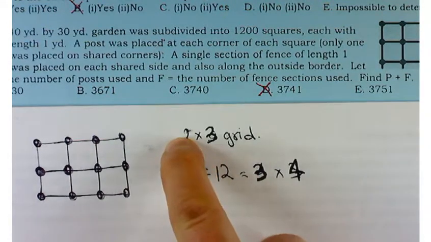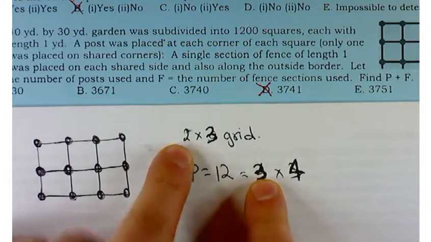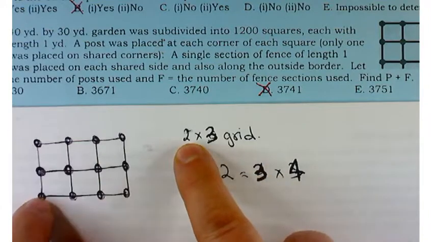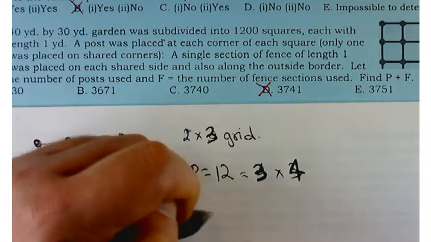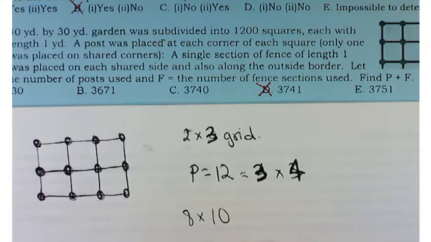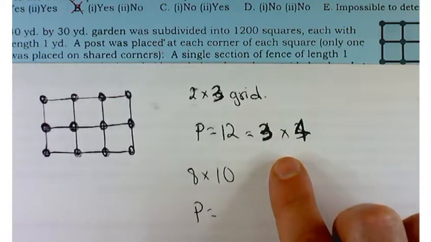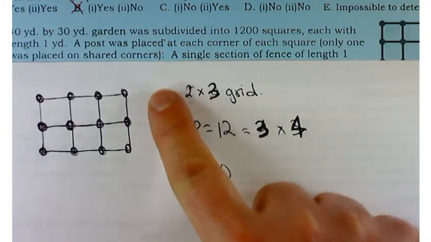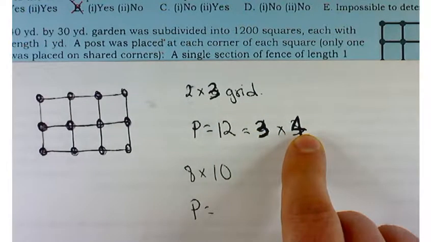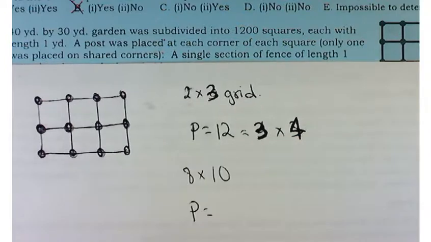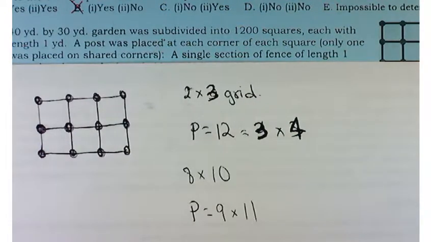If we had, instead of a 2 by 3 grid, let's say an 8 by 10 grid, what do you think the number of posts would be? If this is a 2 and this is a 3, the way we count the posts was 3 times 4. We add 1 to each one of the dimensions. So this would be 9 times 11 for the number of posts, correct?